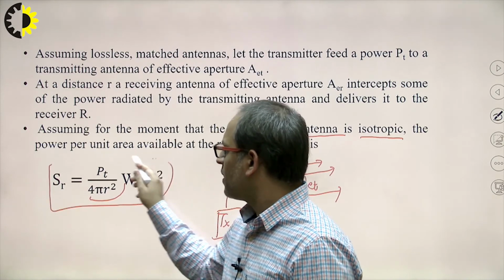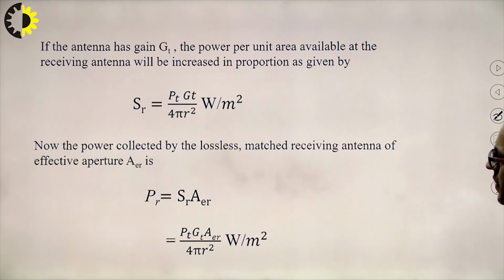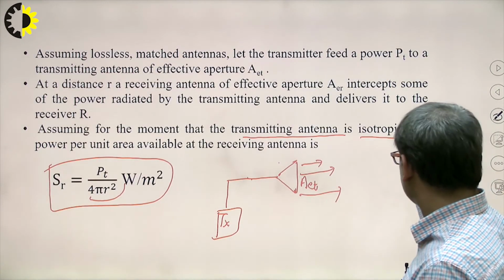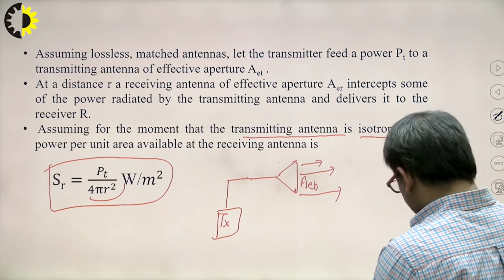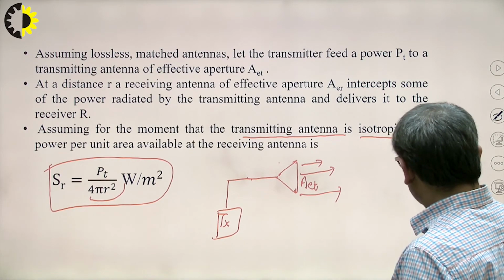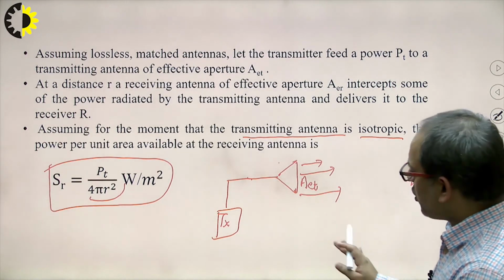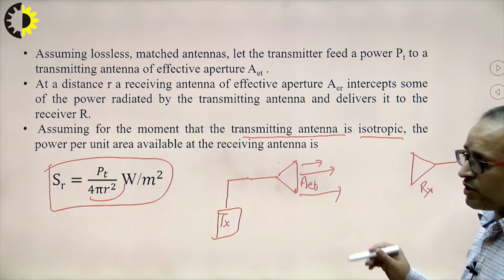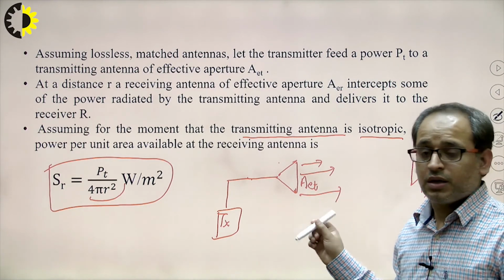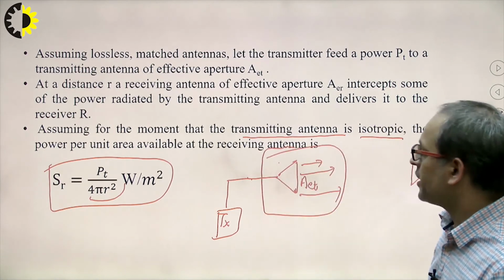This is how much power is radiated by this antenna, which is available to what? Which is available to the receiving antenna. Clear? Now here I am talking about how much power is transmitted by the antenna, but I have not considered here the gain of this antenna.